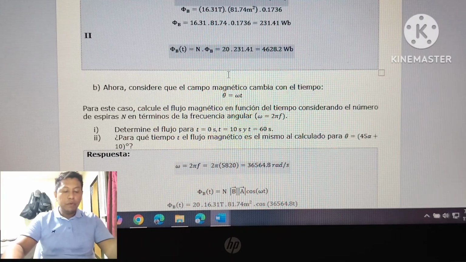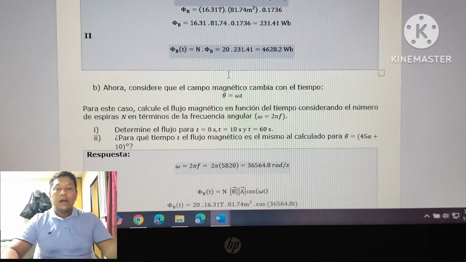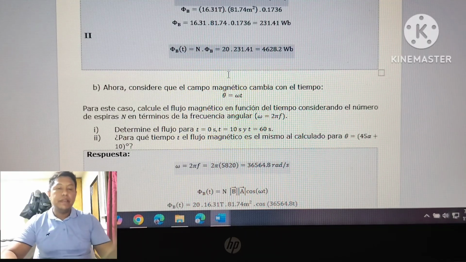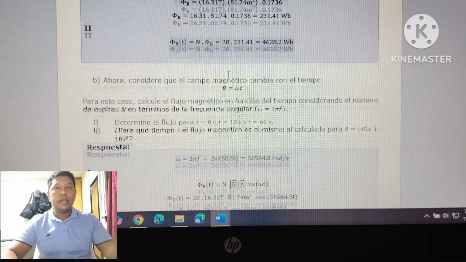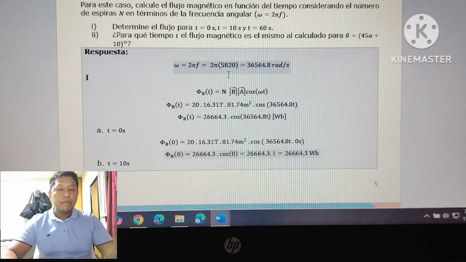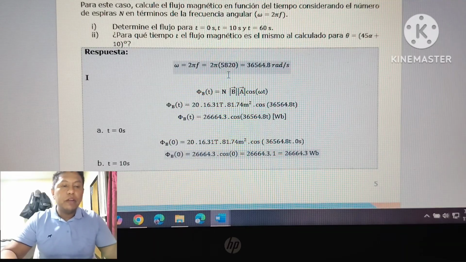Now, how does the magnetic flux vary as a function of time? We use the formula relating the magnitude of the magnetic field, the area, and the cosine of the angle varying with time. First one calculates the angular frequency omega, which is equal to 2 pi times the frequency.